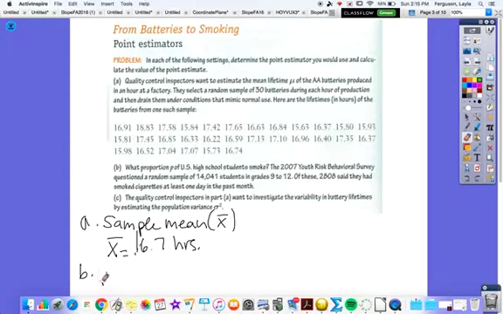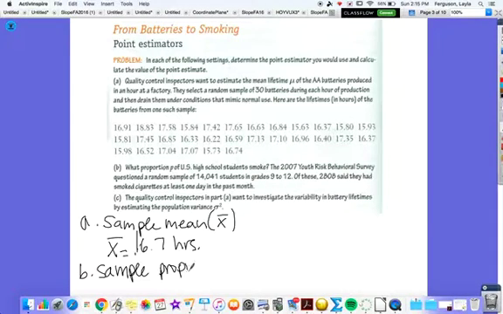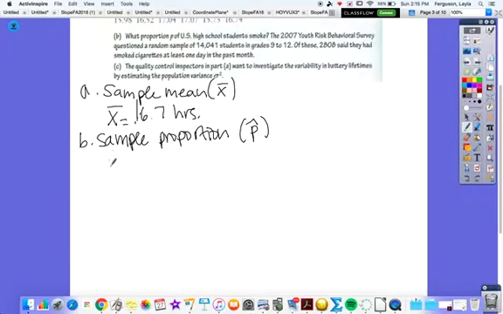Actually, let me write this so you've got this in your notes too. We're doing a sample proportion, which we know is p hat. If you think back on when we talked about sample proportions, p hat would be equal to the number of successes over the number that we are looking at.